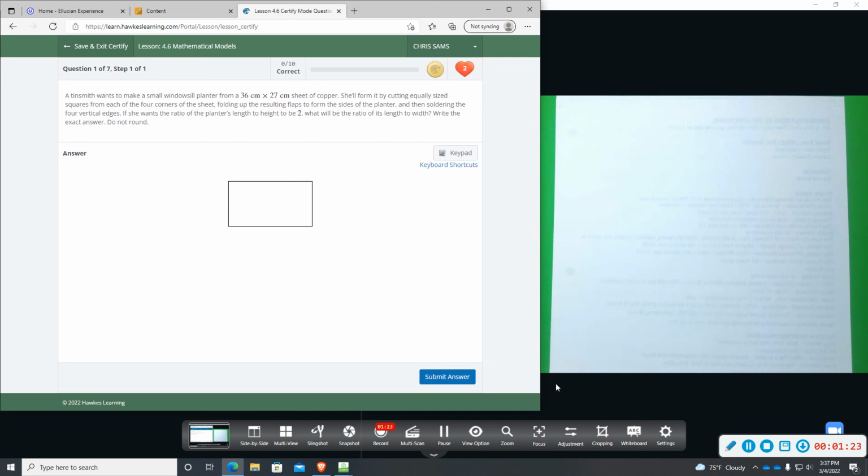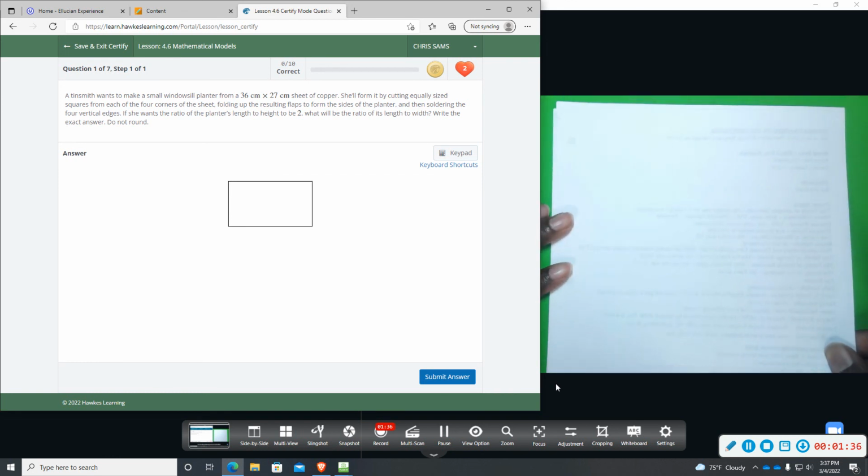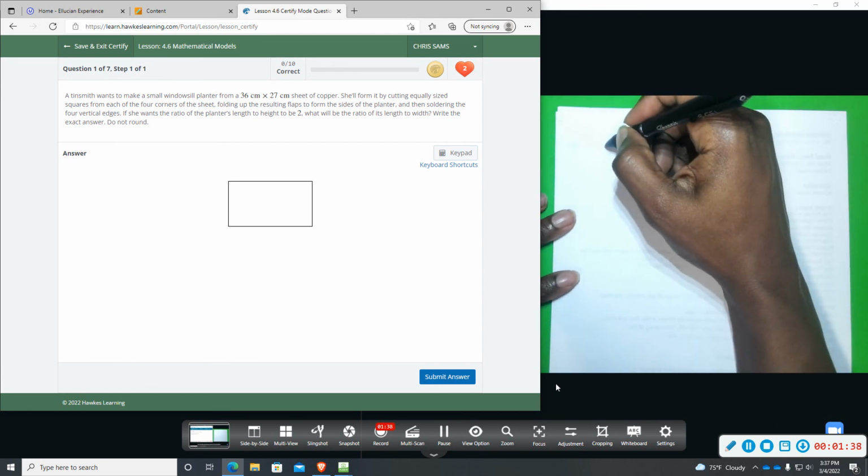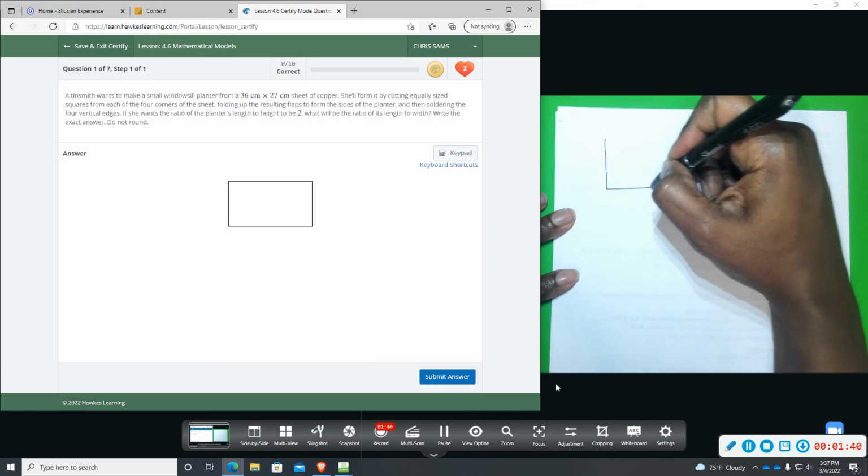Okay, so there's a lot going on there. The first thing we need to do is visually see what's going on, and then we'll set up the proportion, and then we'll be able to figure this out. First of all, we're going to start out with a rectangular shape.